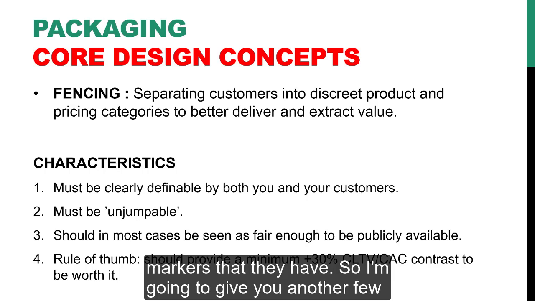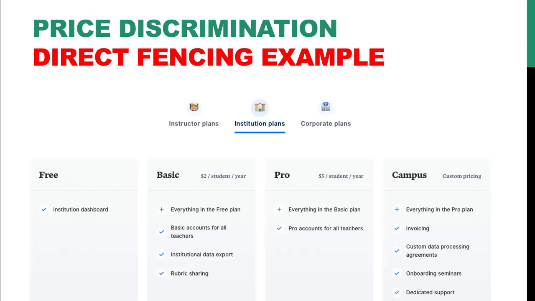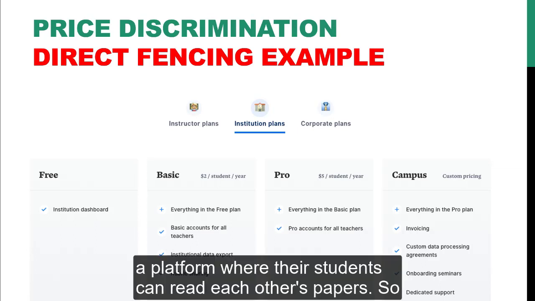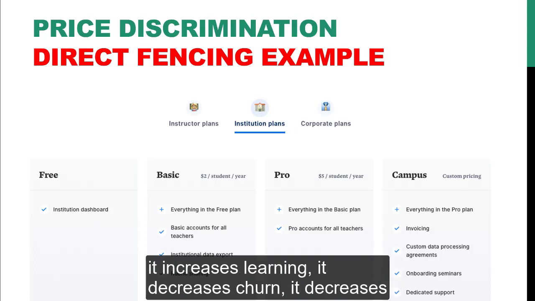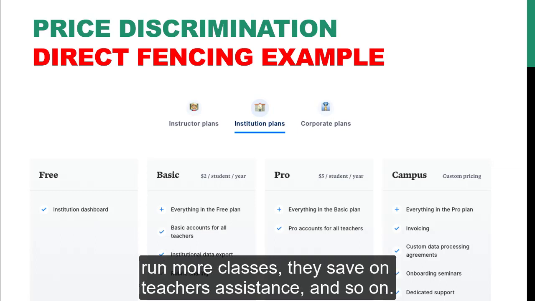So I'm going to give you another few examples here. This is a piece of software called PeerGrade. They give professors and universities a platform where their students can grade each other's papers. So it increases learning, it decreases churn, it decreases time spent by professors, so good professors can run more classes, they save on teaching assistants and so on.